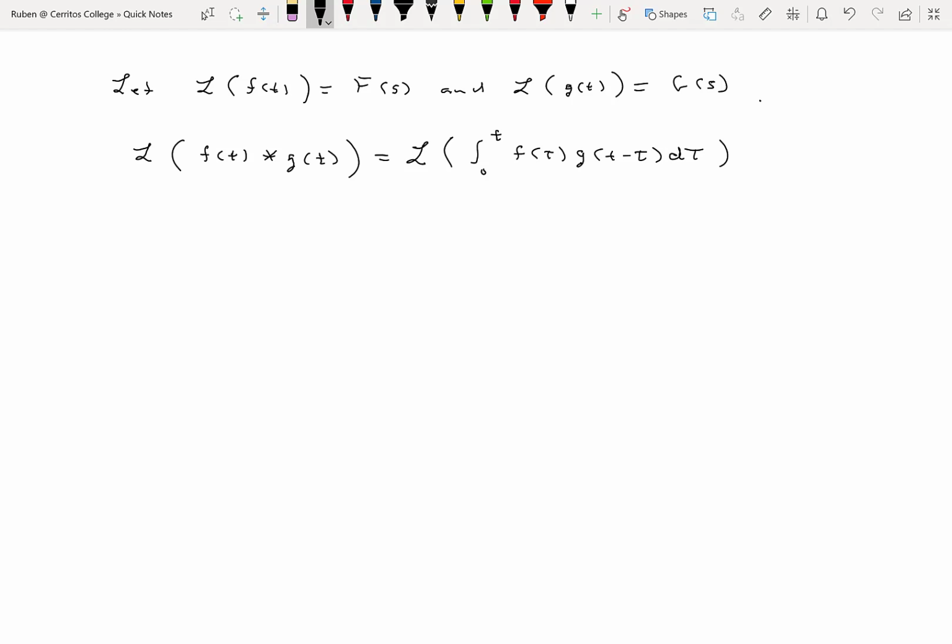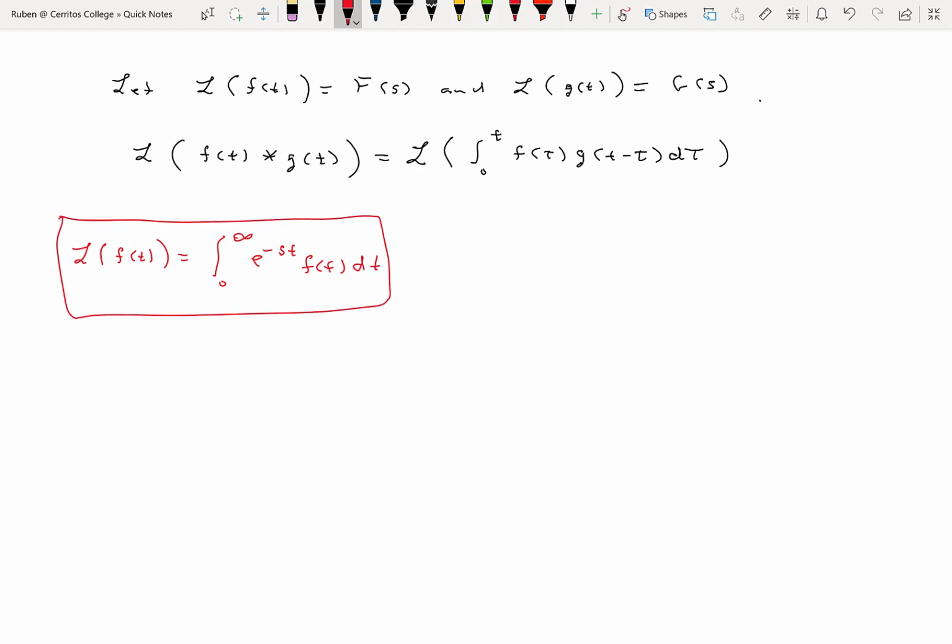Now what is the definition of the Laplace transform? You might have forgotten that. Just off to the side here, the definition of the Laplace transform of f of t is the integral from 0 to infinity of e to the minus st times f of t dt. So we're going to use that definition right now to get our next line.